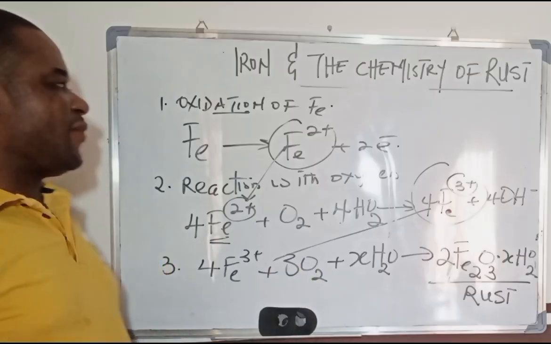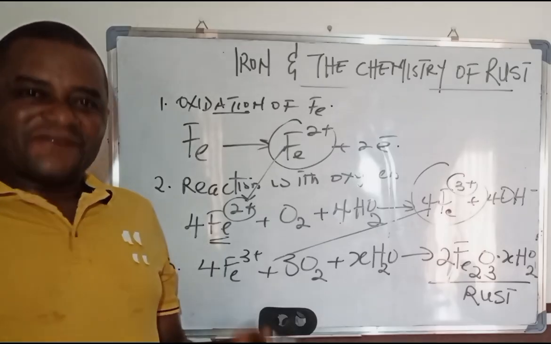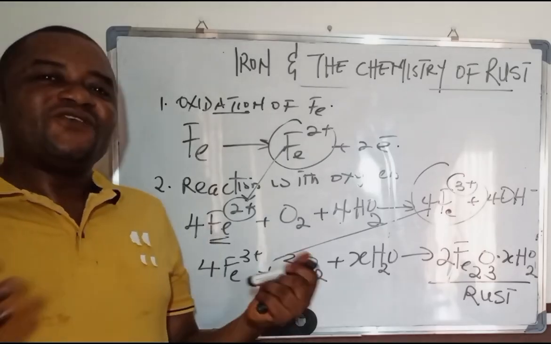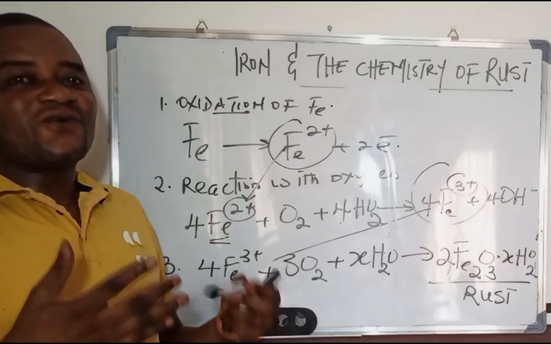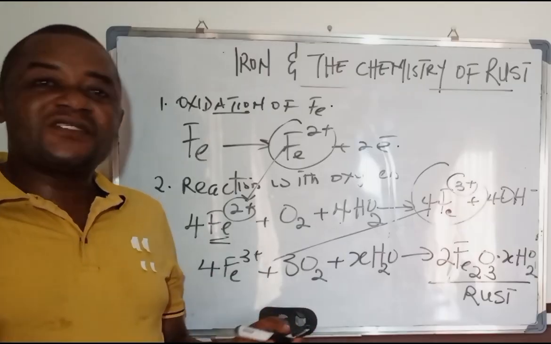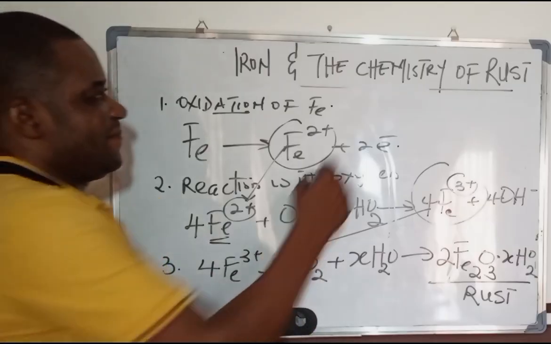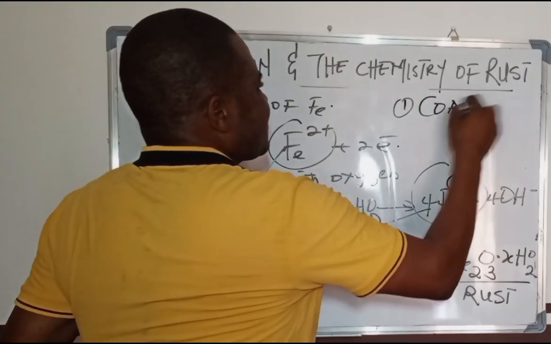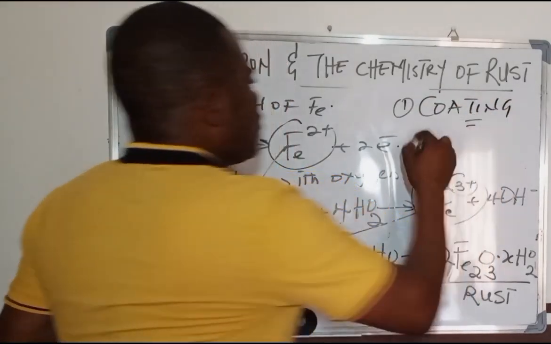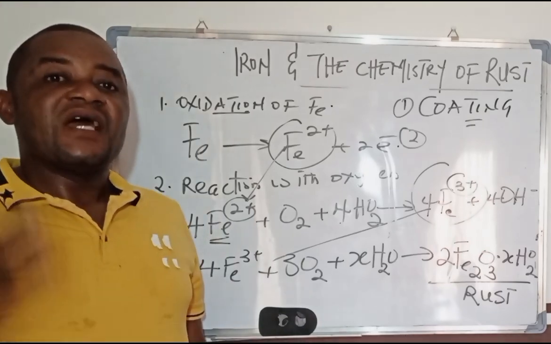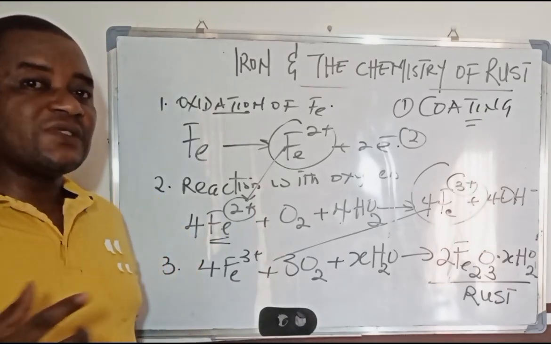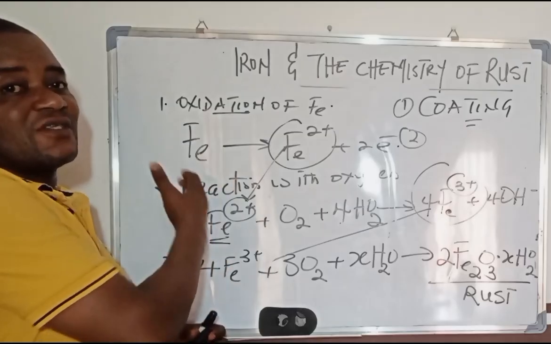Now, for you to be able to fight rust, the first thing you may have to do is coating of your metals. You coat your iron, you coat your metals. When you coat them, you will be able to reduce the corrosion, and it means that you invariably reduce the loss of electrons from the metal.